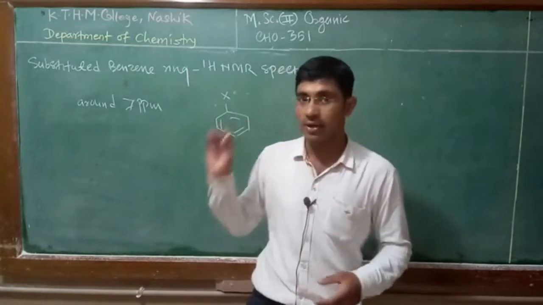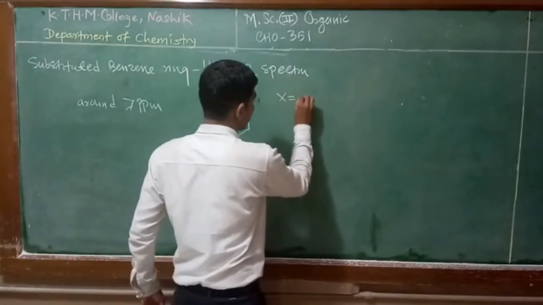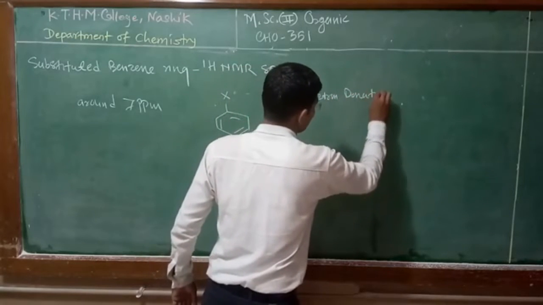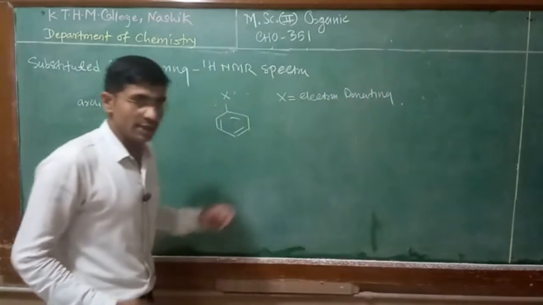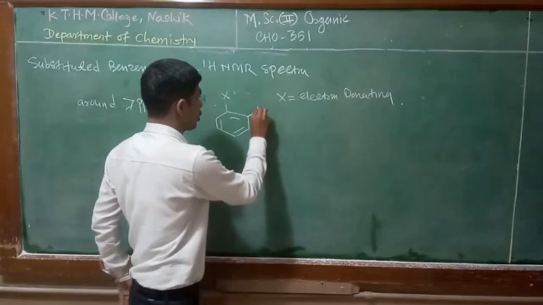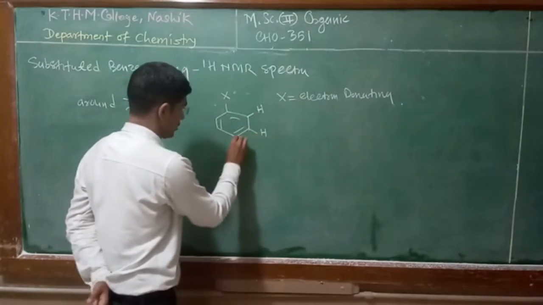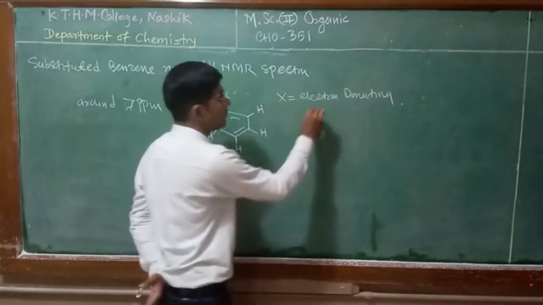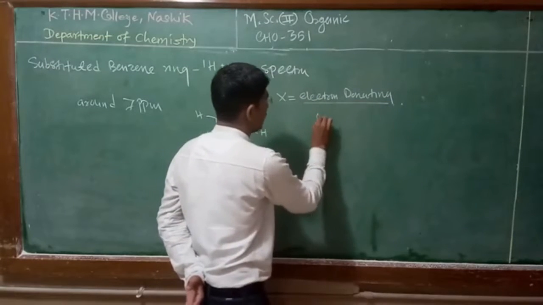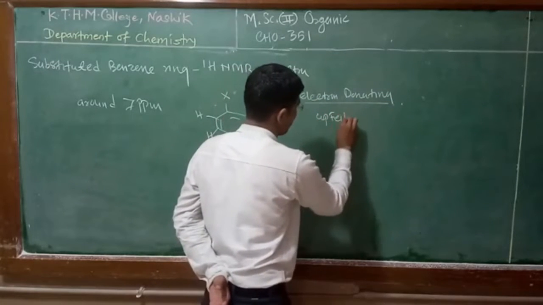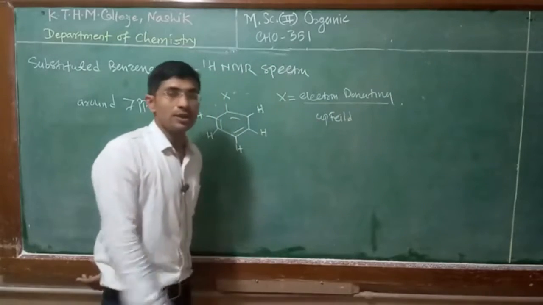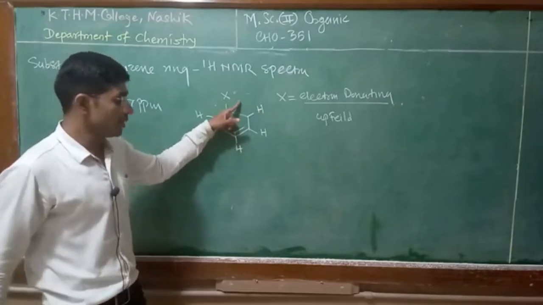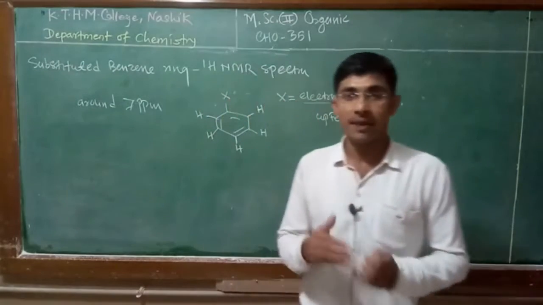When group X is electron donating, the benzene protons appear upfield. Why?